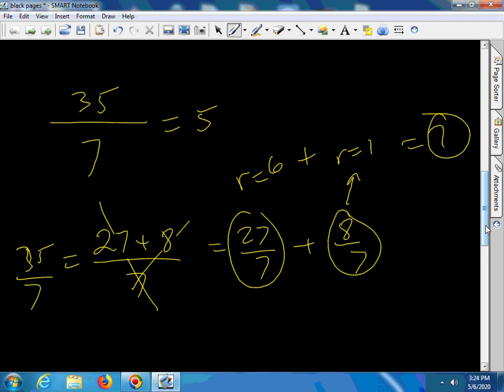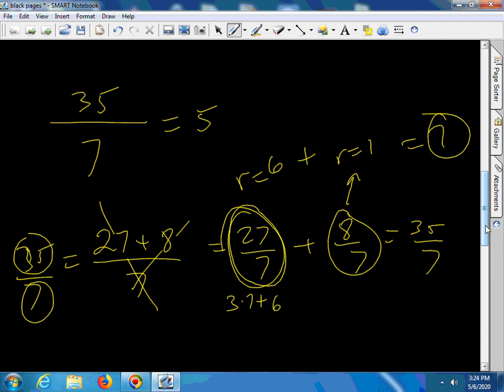It has to be. Because if you keep taking away enough 7s from 35, you're going to have 0. And this really is 35 divided by 7. So I took away what? 3 7s, and I had 6 left over. And over here, I took away 1 7, and I had 1 left over.